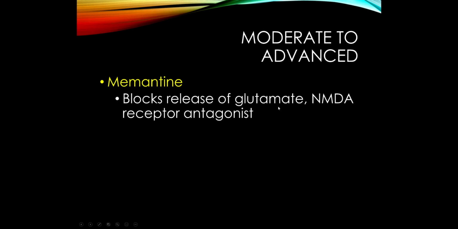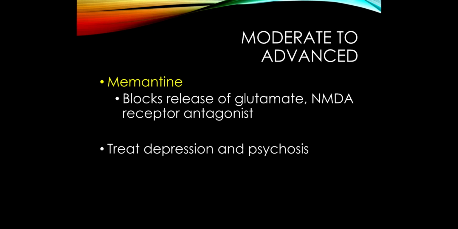And so memantine blocks the release of glutamate, so it's considered an NMDA receptor antagonist, and through that mechanism it has a slight effect of slowing cognitive decline. Again, very, very mild benefit, not a dramatic benefit.